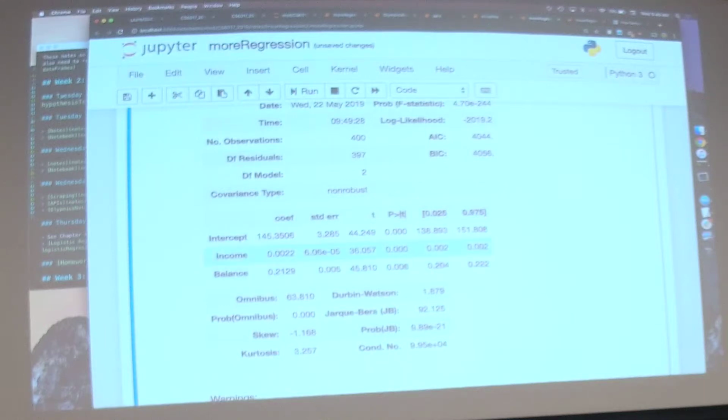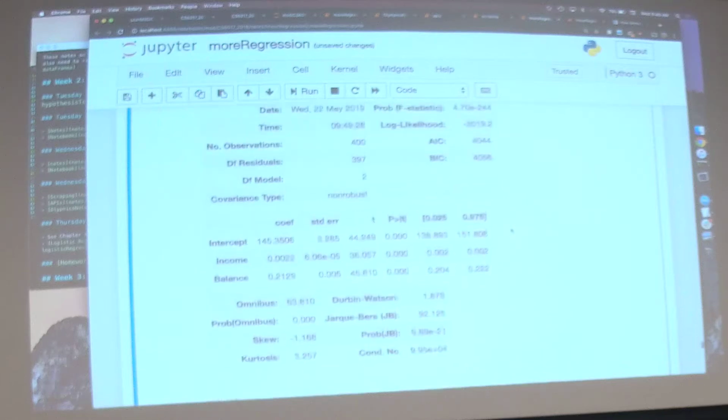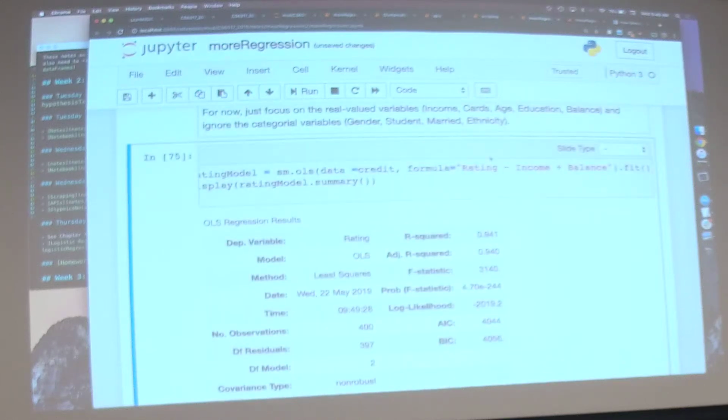Now these both look like they're important. So it looks like my rating is pretty well represented as just a multilinear model based on income and balance. Any questions?